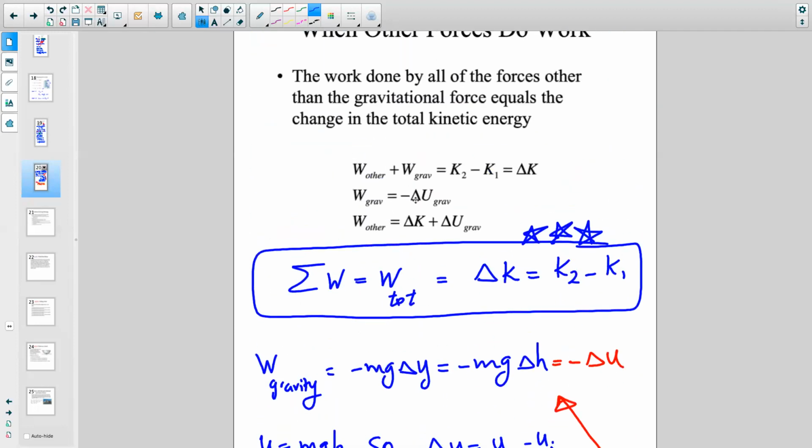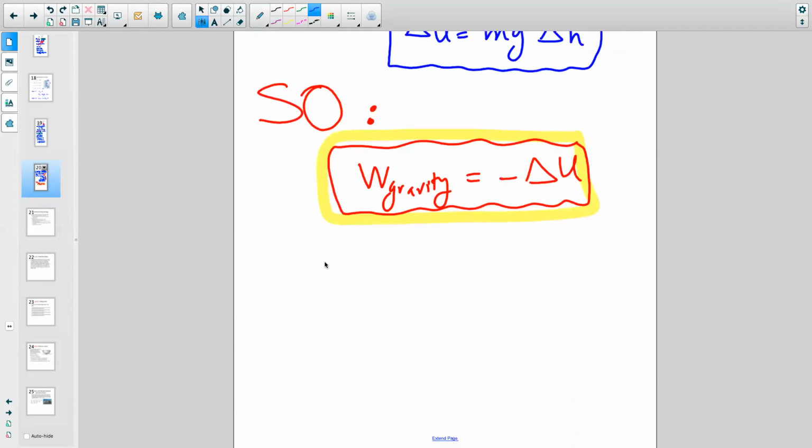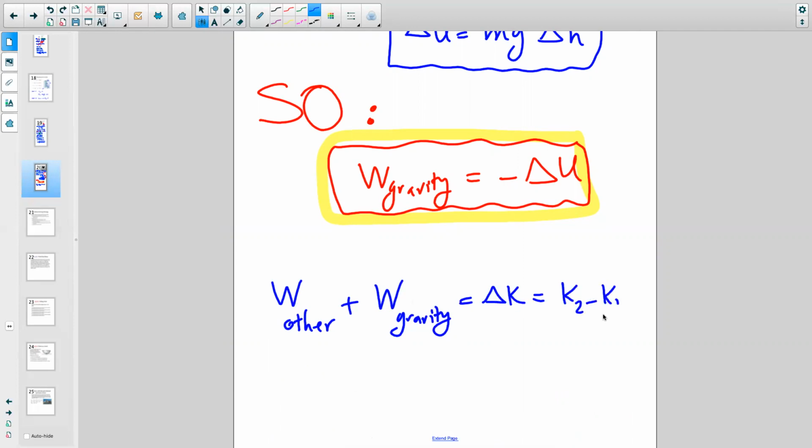So work done by other forces plus work done by gravity is delta K, which is K2 minus K1, okay?